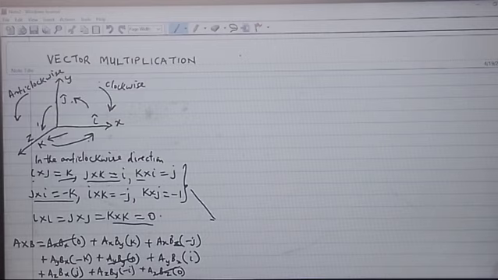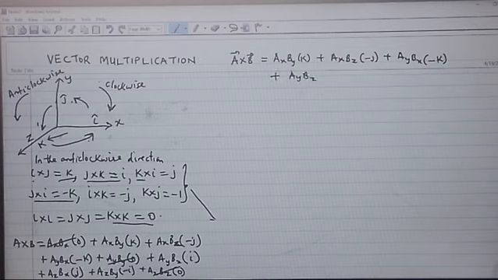So we can then proceed to say that our A cross B will be equal to AXBY K plus AXBZ minus J plus AYBX minus K plus AYBZ I plus AZBX J plus AZBY minus I.